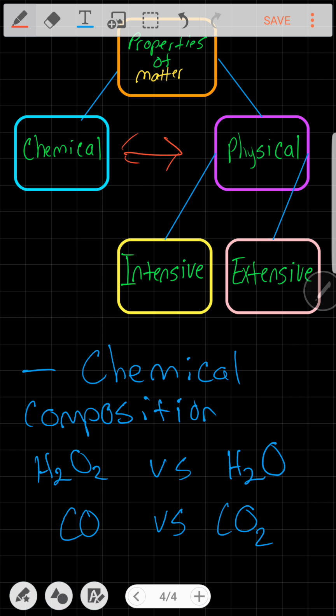But before we can do that, when we're talking about matter, we're going to be specific about a specific type of matter. It's properties of matter. It's not properties of all matter or properties of this group of matters that have similar things about them. No, it's properties of a specific kind of material or specific type of compound. In order to understand that, you have to get to the term chemical composition.